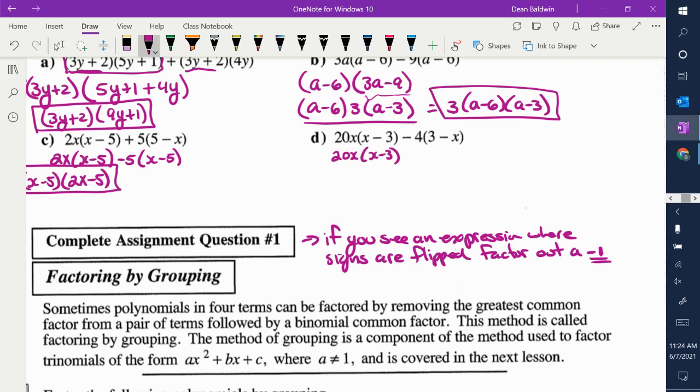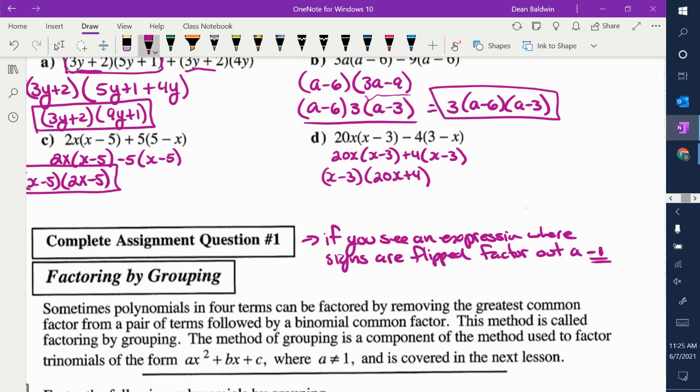If I pull a negative out of there, what happens to the -4? These switch to x minus 3. So now what's my common factor? X minus 3. I'm left with 20x plus 4.